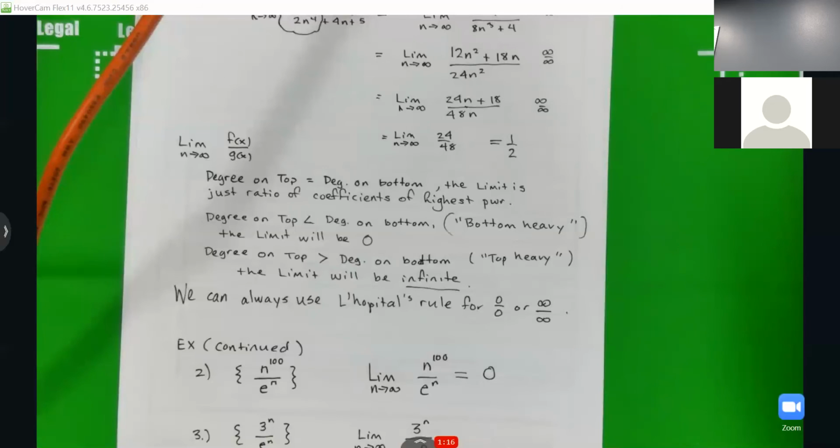The derivative of e to the n is e to the n times the natural log of e, where the natural log of e is just 1. So all of these L'Hopital rules are still going to give me the same numerator and denominator, but I'm always going to have another natural log of 3 tacked on in the numerator. So can you tell what this limit's going to be? Is it bottom heavy, top heavy, or about the same?